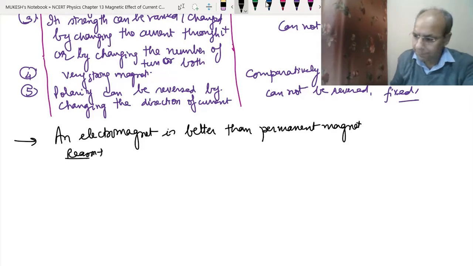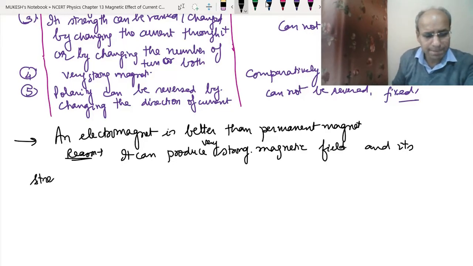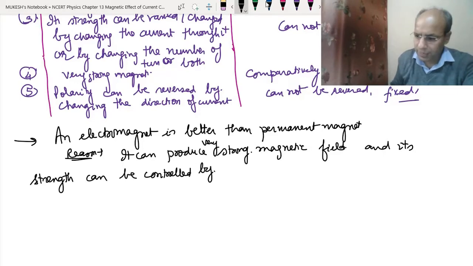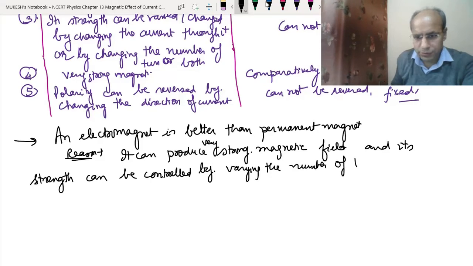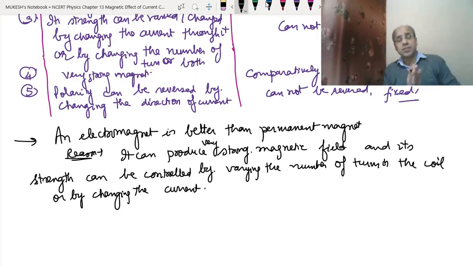Reason: it can produce a strong, very strong magnetic field, and its strength can be controlled by varying the number of turns in the coil or by changing the current. Okay, I hope this is clear to you.